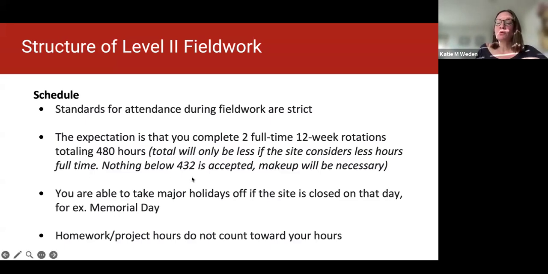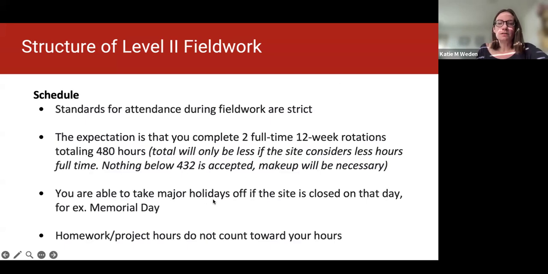If it's 432, that's something that we will have talked about because you have told me that your educator works less than 40 hours a week, and we'll just know that. The risky thing is that 432 is really our low bar threshold. So if you start missing time, we're going to have to be adding on to your fieldwork experience. We really don't want to be pushing too close to that 432. So flag that for me if you think that's going to be the case, and we need to have a good plan in place.